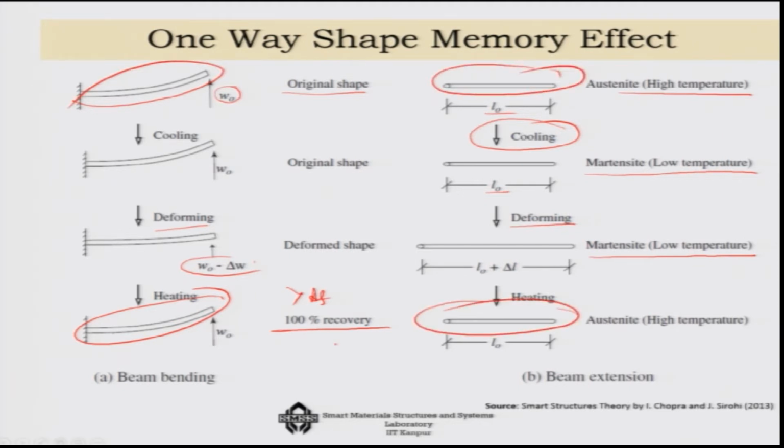Okay. So, that is the one way shape memory effect, and how people got excited about it is phenomenal. They first thought of NASA, that let us make an antenna out of the shape memory alloy wires, and then at the Martensite stage, low temperature stage, let us deform it, because at the Martensite stage you can deform it. Okay.